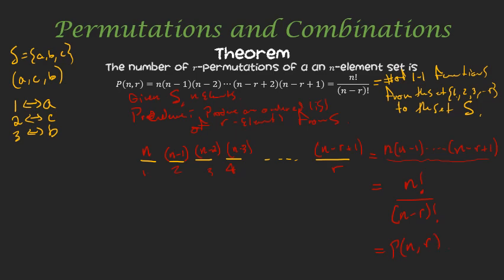Now notice what happens with just a permutation. The number of permutations, remember, a permutation is an ordering of the entire set, and so there my r would be n. And so this would be P(n,n), and I can use the formula I just figured out to see that this is n factorial over n minus n factorial.